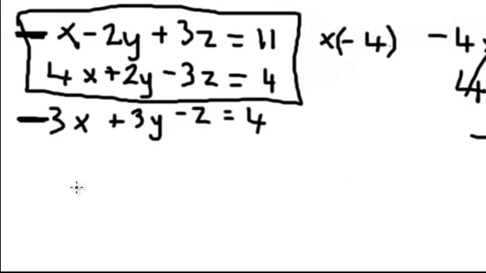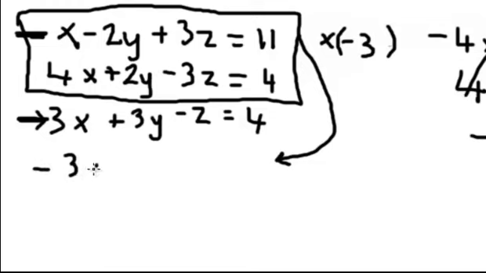Can you see, if I multiply equation 1 by negative 3, I'll get a negative 3x to go with this positive 3x. So multiply equation 1 by negative 3. x times negative 3 is negative 3x.